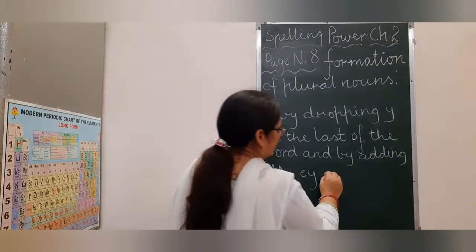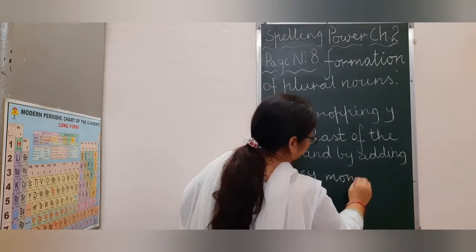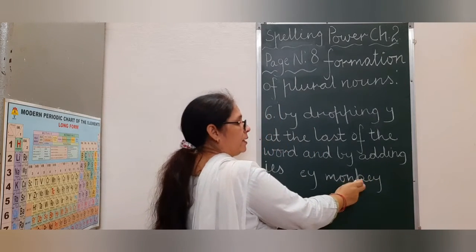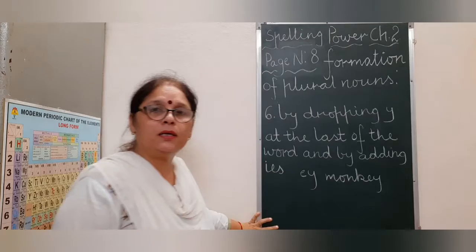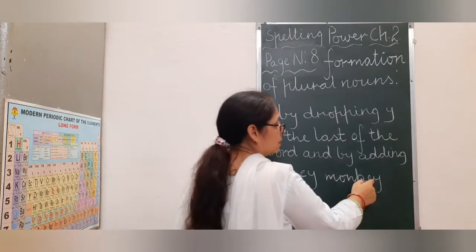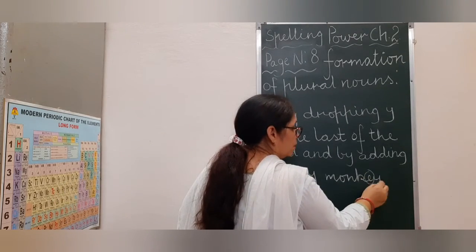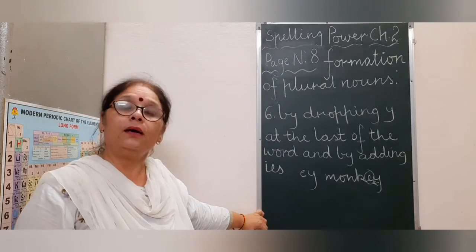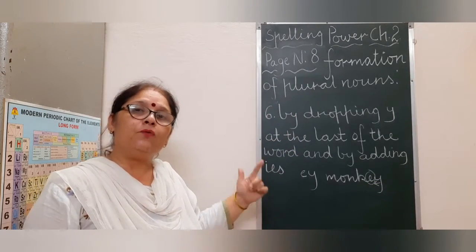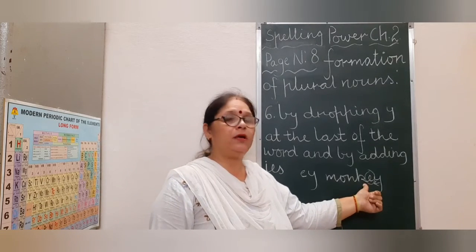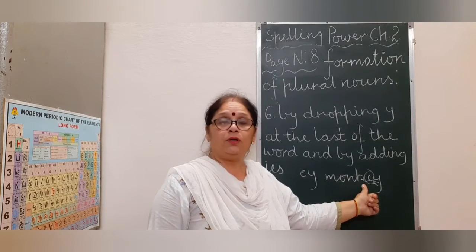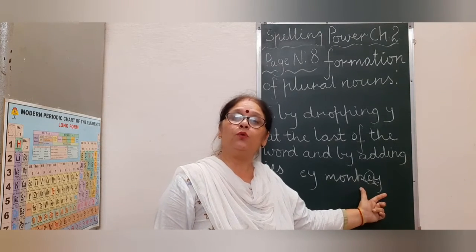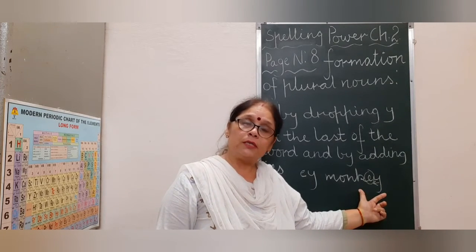For example, monkey. There is vowel before the y at the end. में y से पहले we are having vowel. Then we will not drop this y while making the plural of this noun.